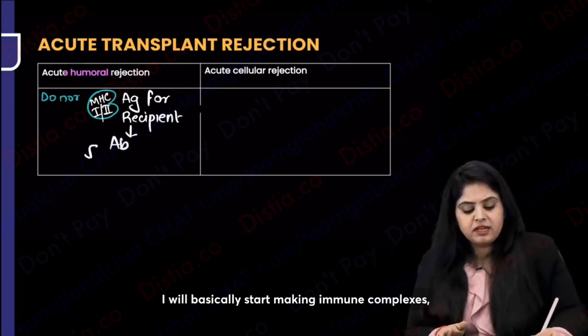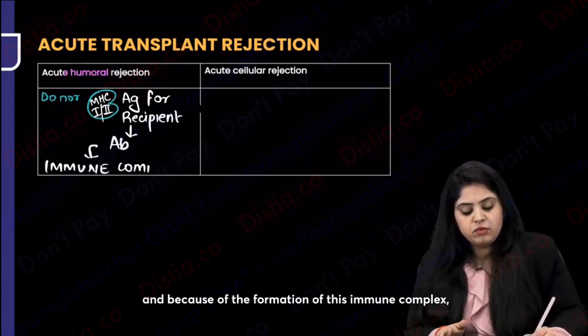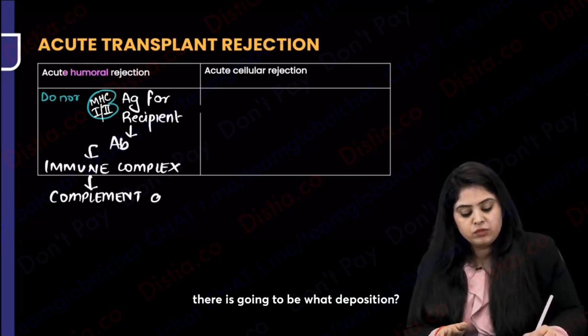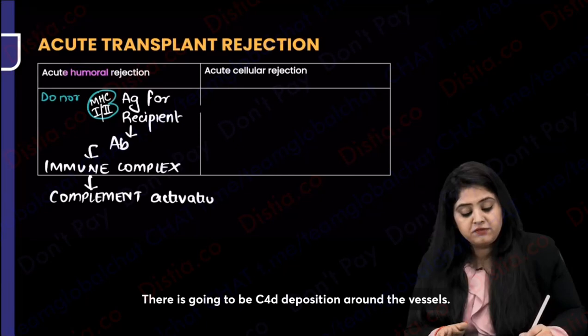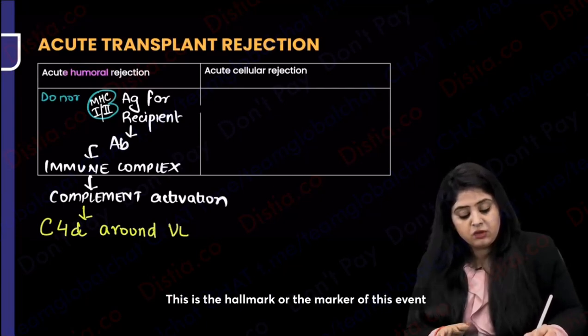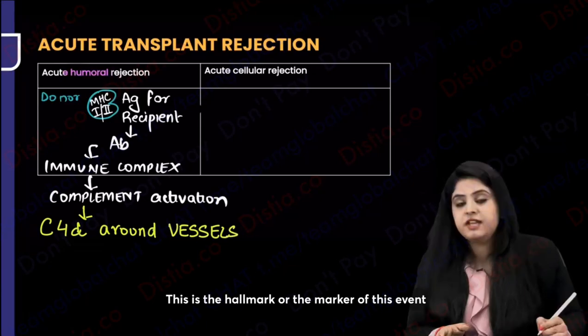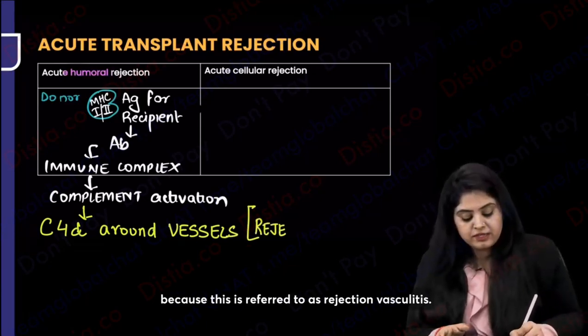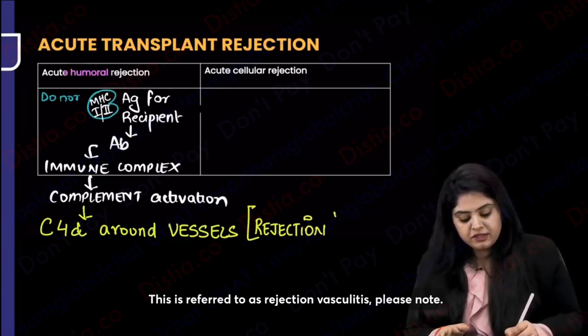I will basically start making immune complexes. And because of the formation of this immune complex, there is activation of complement. And because of the activation of complement, there is going to be what deposition? There is going to be C4D deposition around the vessels. This is the hallmark or the marker of this event, because this is referred to as rejection vasculitis.